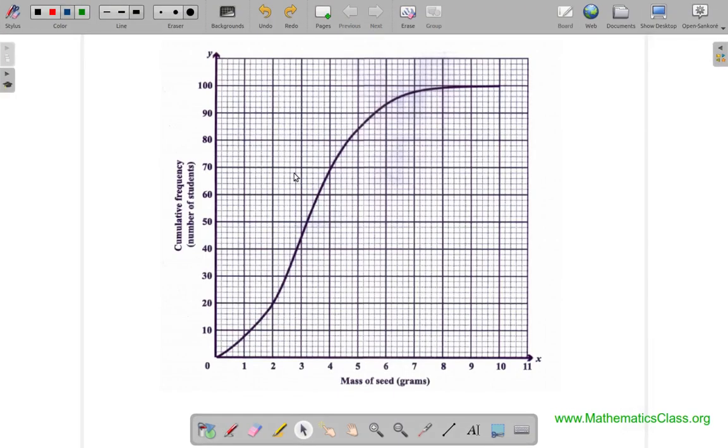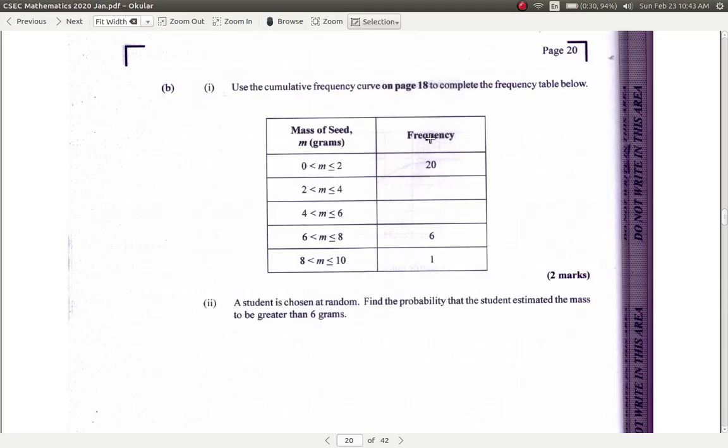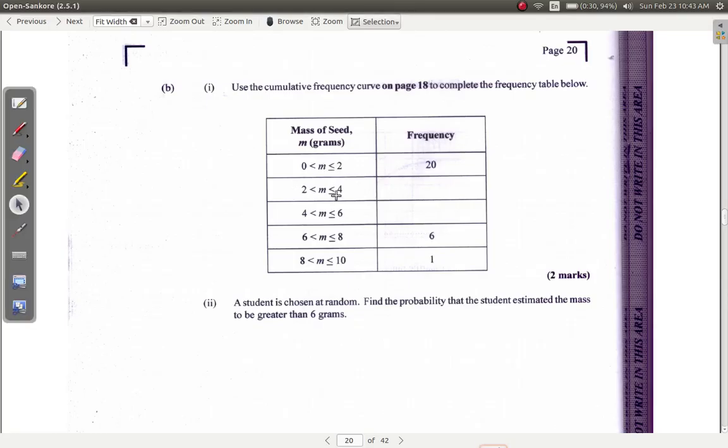The cumulative frequency is 20. You can see it here, right? From 0 to 2, you go straight up to the curve, then you go across, and you see that it's 20.